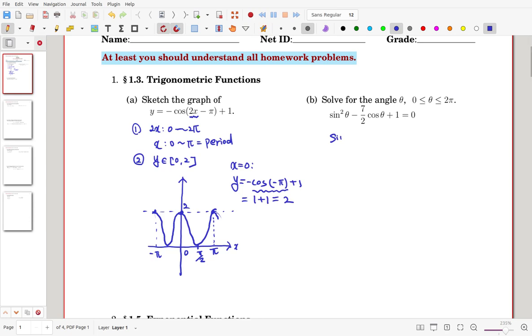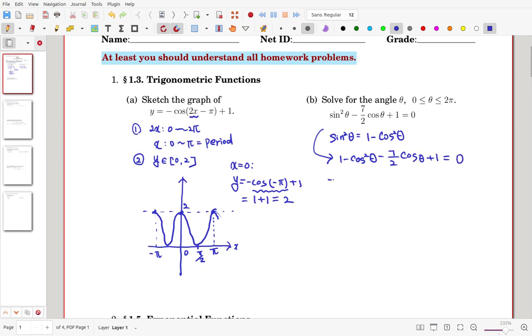Sine squared theta can be written as 1 minus cosine squared theta, so the given equation can be written as 1 minus cosine squared theta, minus 7 over 2 cosine theta plus 1 equals 0.